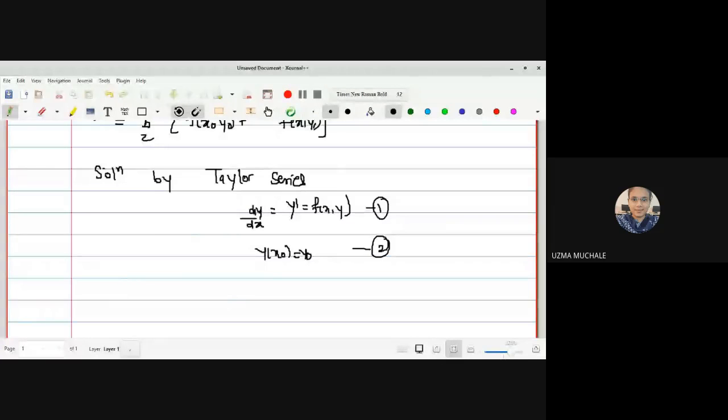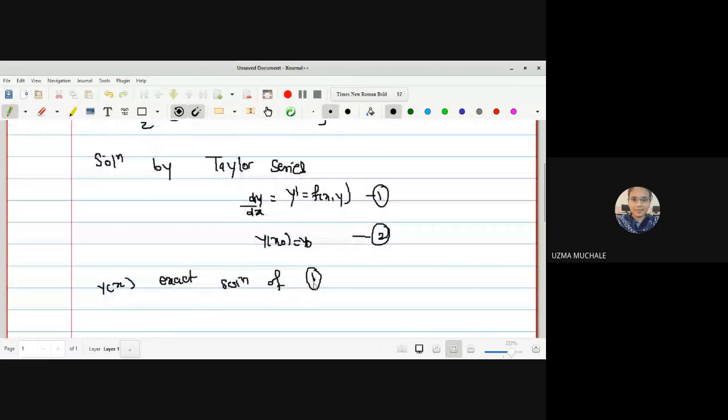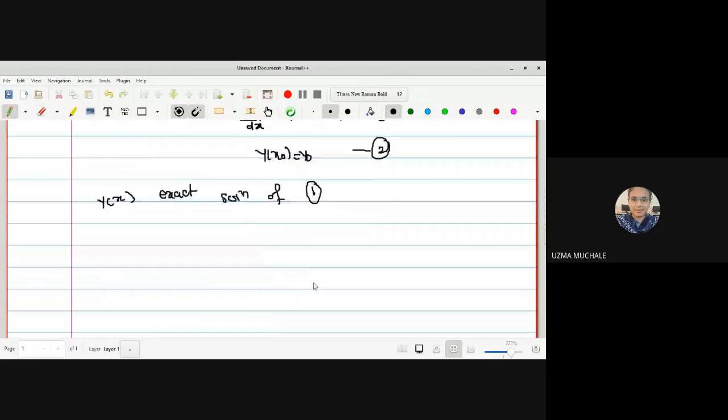For finding the solution of the differential equation, let y of x be the exact solution of our given equation 1. Now if y of x is an exact solution, then we can write the Taylor series for y of x.